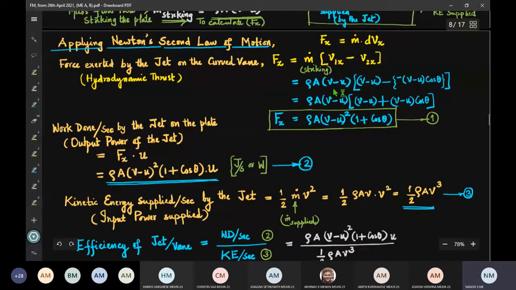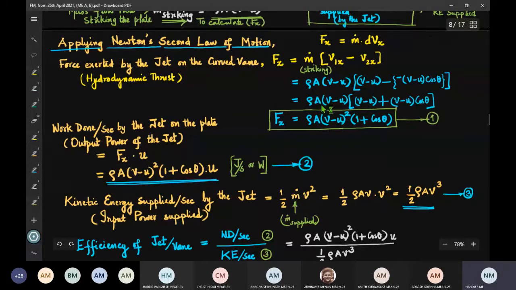So you substitute over here: mass flow rate striking the plate is rho a into (v minus u), v1x is v minus u itself, and v2x is minus (v minus u) cos theta. This minus will become plus. So within the bracket you now have (v minus u) plus (v minus u) cos theta. From the bracket you can take v minus u common.